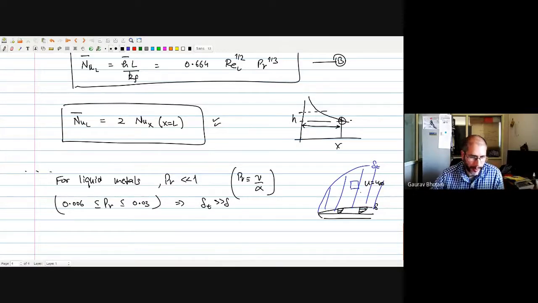So when solving the thermal boundary layer, we simply substitute U equals U infinity in the beginning of the analysis. Instead of writing U as del psi by del y, we simply put U equals U infinity and proceed. That makes the analysis much easier.